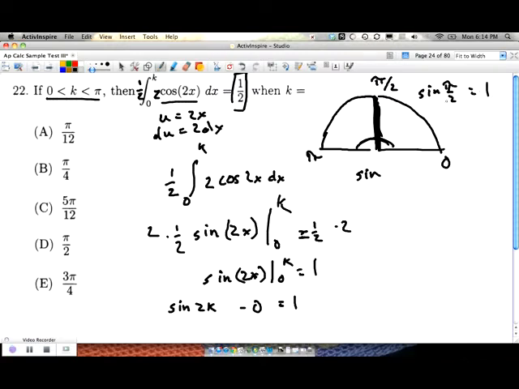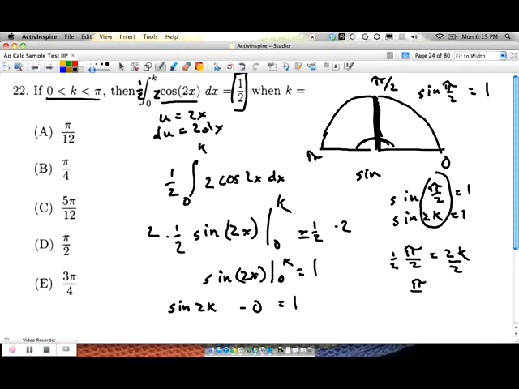And I know that sine of 2k equals 1. Notice the parallel: sine of pi over 2 equals 1. Then that must mean that pi over 2 is 2k. So pi over 2 equals 2k. If I divide both sides by 2, then I get pi over 4 equals k. B would be my answer.